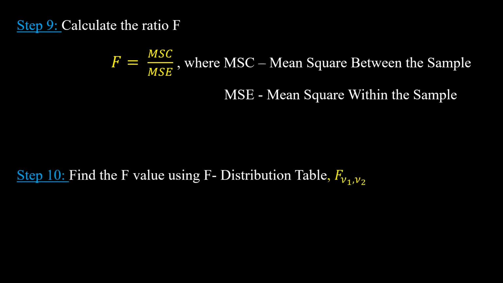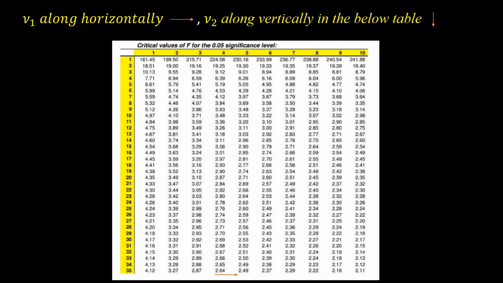Once you find the F ratio, we need to find the F value using the F distribution table, that is F of nu1, nu2. This is the F distribution table for the 0.05 significance level. We have to take nu1 horizontally, and whatever nu2 value is there, we take it vertically.